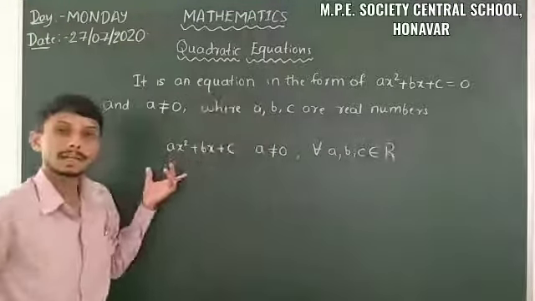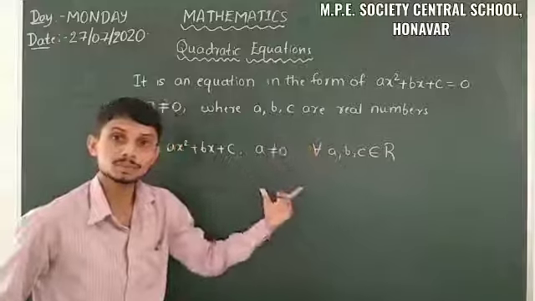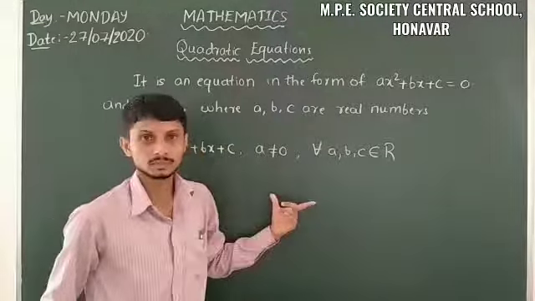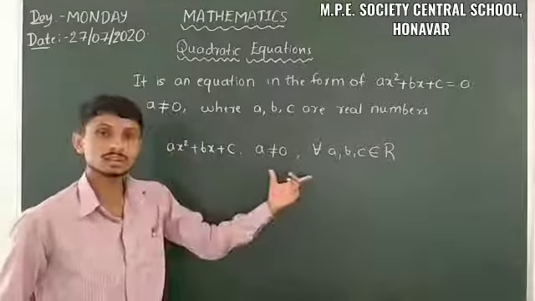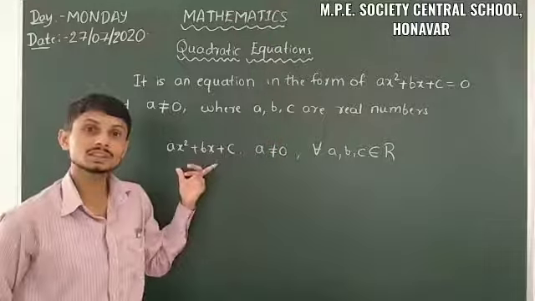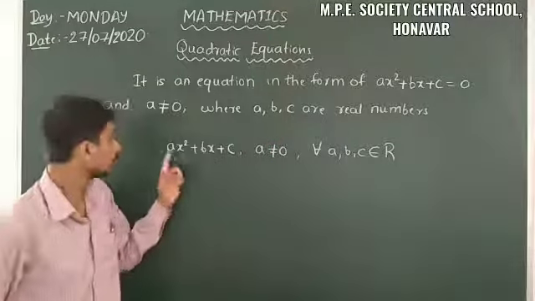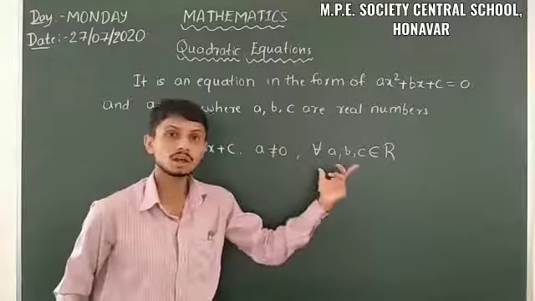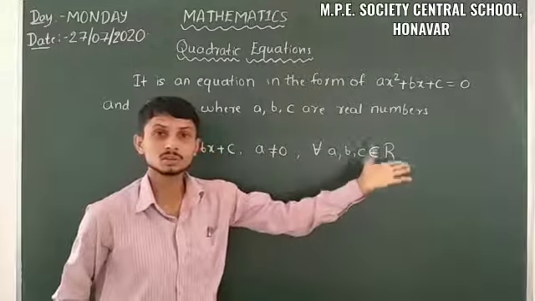This is the mathematical notation or definition of a quadratic equation, expressed in the form ax square plus bx plus c, and a is not equal to 0 for all a, b, c belonging to the real number set.